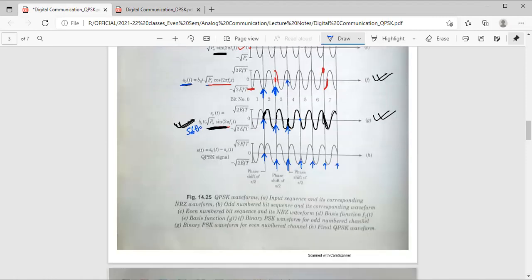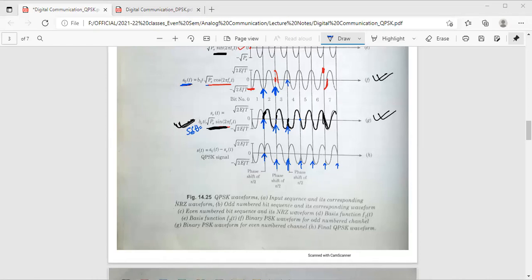So what we can get here is a phasor diagram based upon the values we have got. Let me show that, how we can draw the phasor diagram.